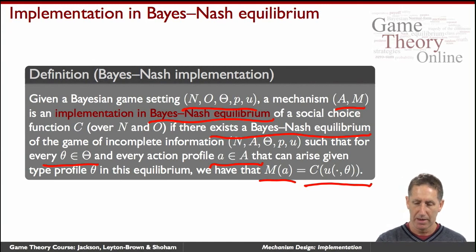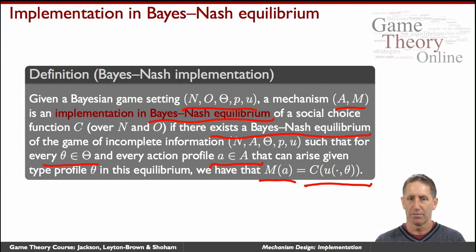So it's perhaps a little bit of a mouthful here, but the intuition is very much the same as in the dominant strategy implementation. In dominant strategies, the situation is simple. We simply have dominant strategies, and we require that in all of those, the action profile lead to a social choice function.